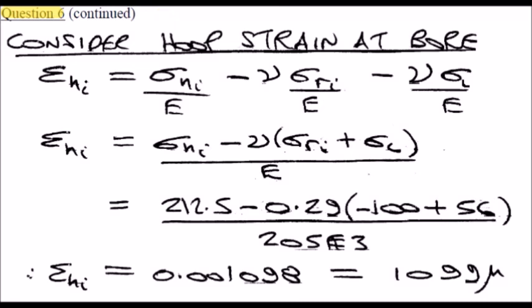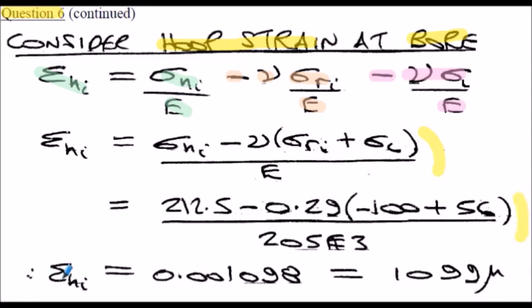So first of all, hoop strain at the bore. Remember that thick cylinders are a triaxial stress situation, so I'm using generalized Hooke's law in 3 dimensions. The hoop strain is equal to the hoop stress divided by E, minus the Poisson effect of the radial stress divided by E, minus the Poisson effect of the longitudinal stress divided by E. All I've done on the next line is factorize the equation to make the calculation slightly easier to perform.